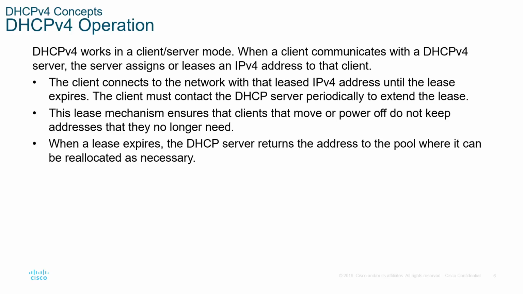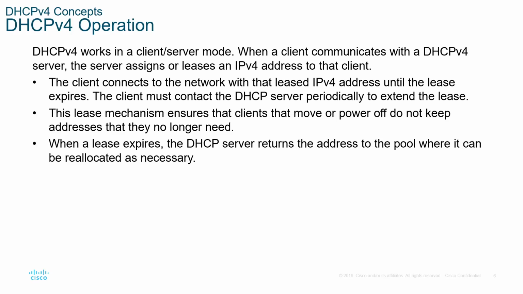Now, when a client communicates with a DHCPv4 server, the server assigns or leases an IPv4 address to that client. The client connects to the network with the leased IPv4 address until the lease expires. So that address which is assigned to the client can be used for that specific amount of time.